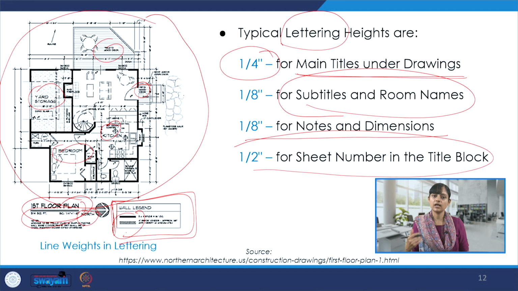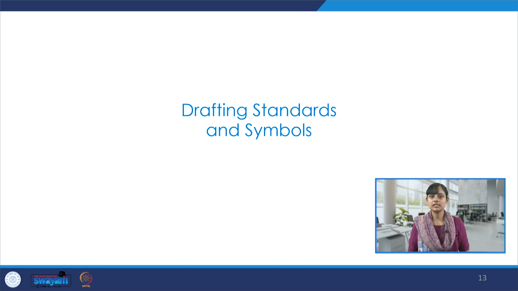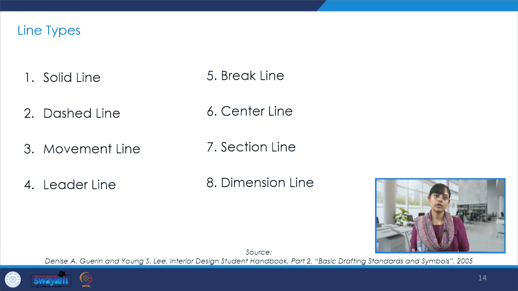So as per the hierarchy of information, there is, of course, the play of dimensions along with line weights in the case of lettering also. Then there are drafting standards and symbols. So there could be different kinds of lines and they could signify different kinds of information when we read the drawings.